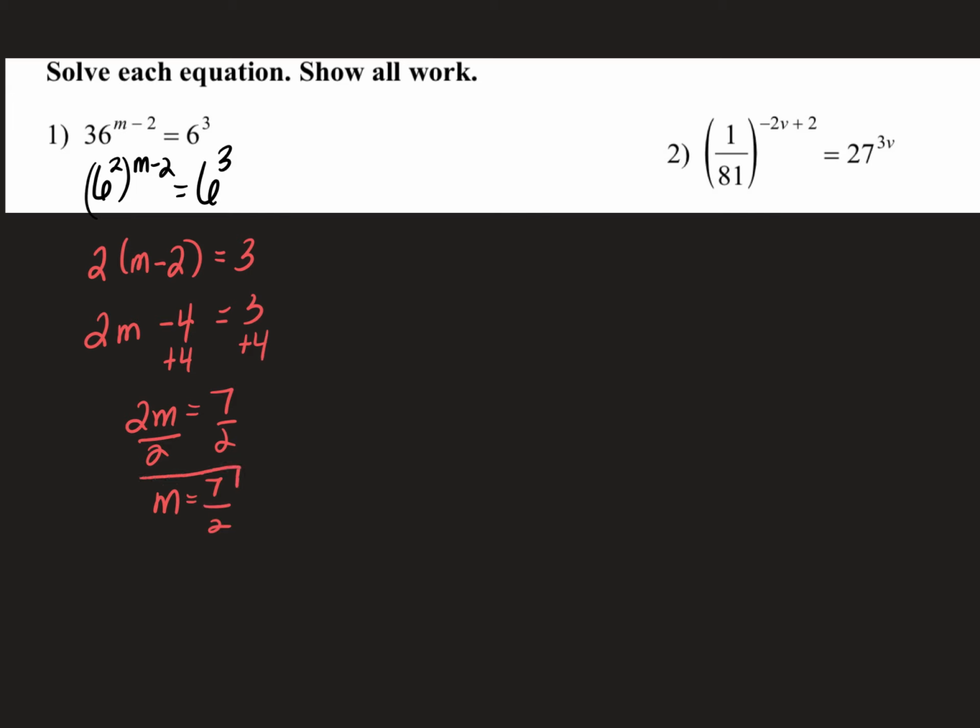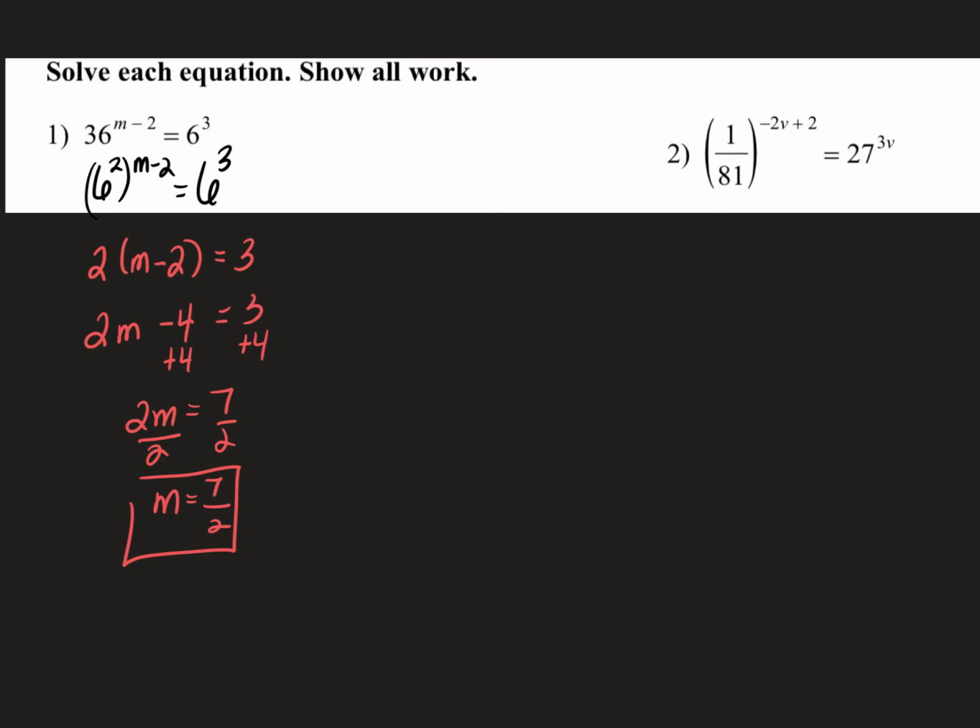Then we write 2 times m minus 2, because with a power of a power we multiply, and that exponent has to equal 3. Then I will distribute: 2m minus 4 equals 3. I will add 4. 2m will equal 7. I'll divide by 2, so m will equal 7 over 2. That's the answer to number 1.